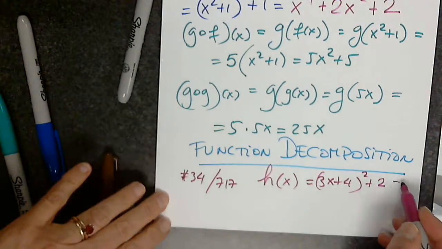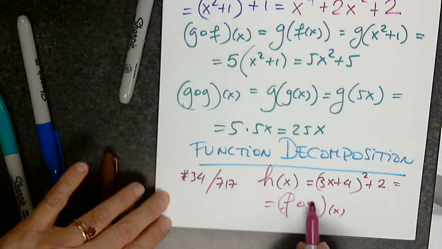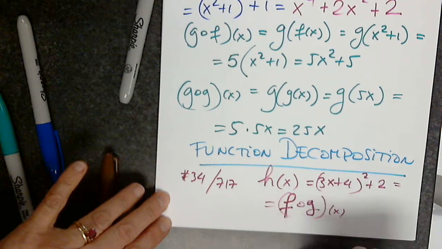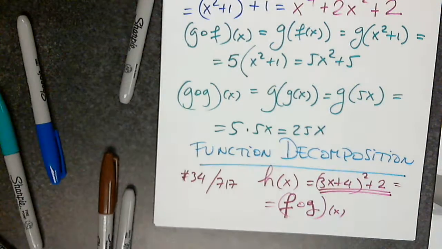So they're asking us to find an inner function called g and an outer function called f that will equal this when we create the function composition.